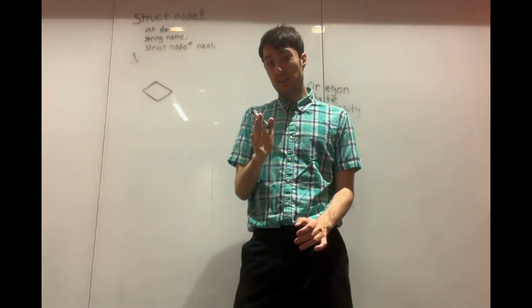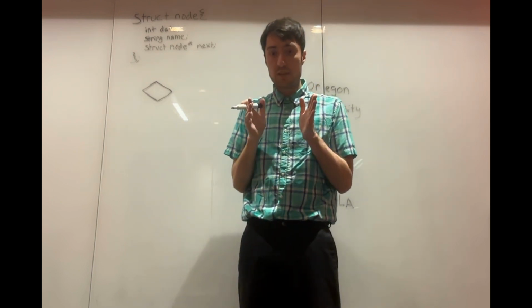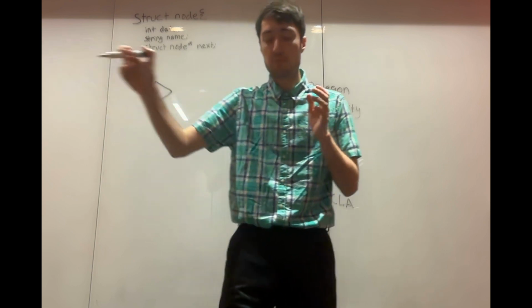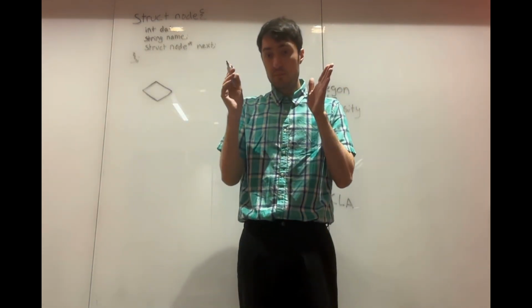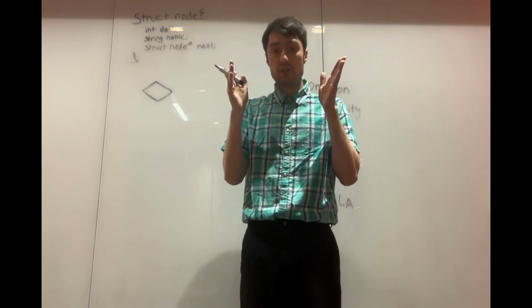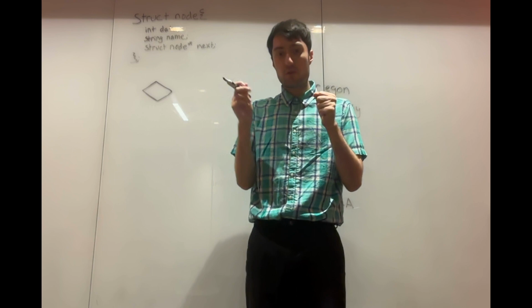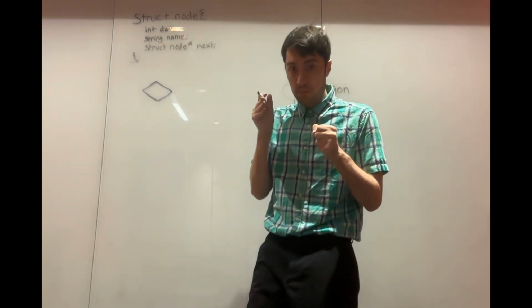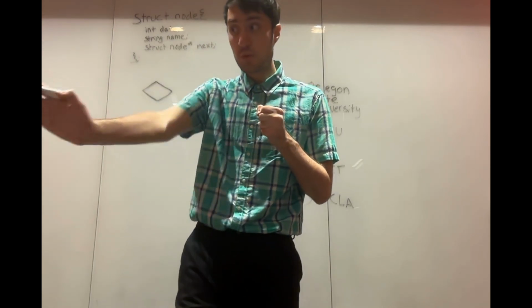Now, what I said pointers do is they store an address and you are able to go to that address. So you have a variable in which you store an address, and through that, if you use the dereference operator, you are able to go to that actual location in memory.